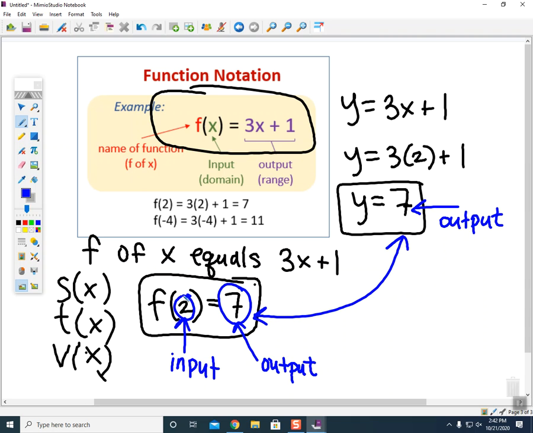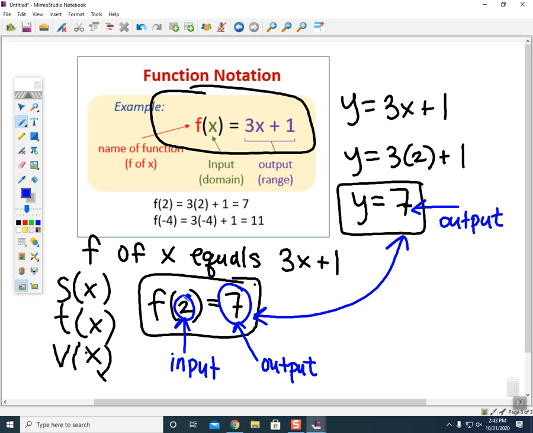So I have some function f, I don't know what it is in my solution, but that's okay. When I plug 2 into that function, I get out 7. So the reason why we use function notation is because it gives us more information than if we were to just stick with standard notation that just leaves us with y equals 7.